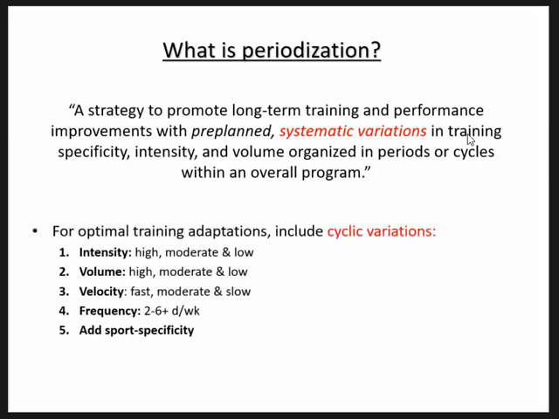So for optimal adaptation, another word for this type of training is cyclic variations. It's variations based on certain cycles. So we'll learn how to manipulate intensity from high, moderate to low, volume, velocity of our contractions, frequency of training, and then adding sport-specific skills.